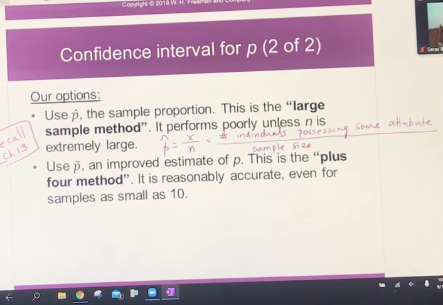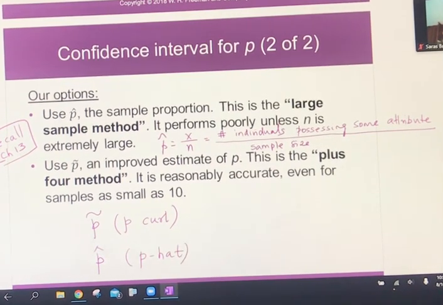All right. What is the second method? The second method for finding the confidence limits for P is called the plus 4 method. The plus 4 method gives you P curl. This is P curl, and this is P hat.